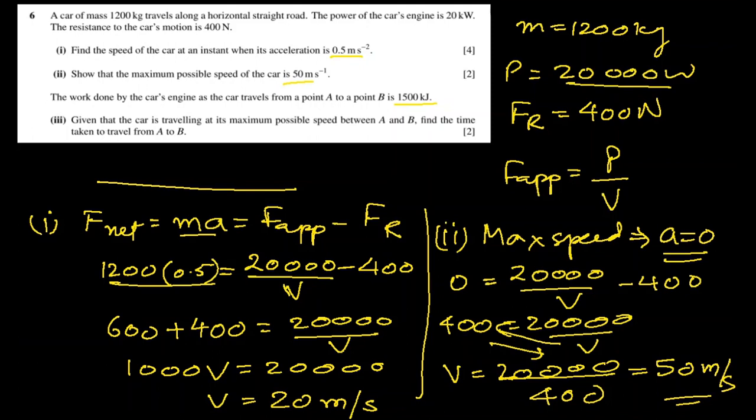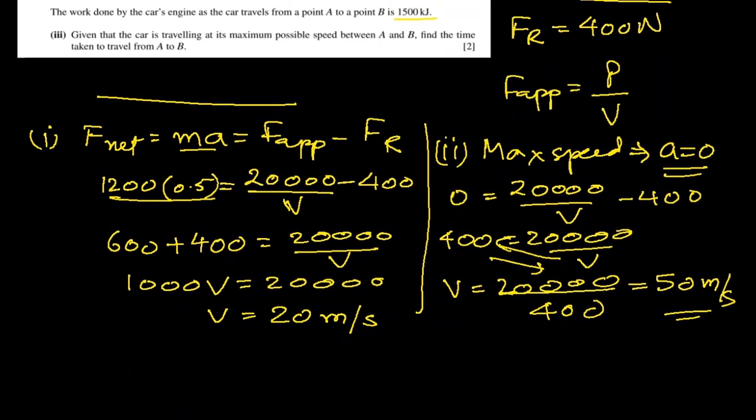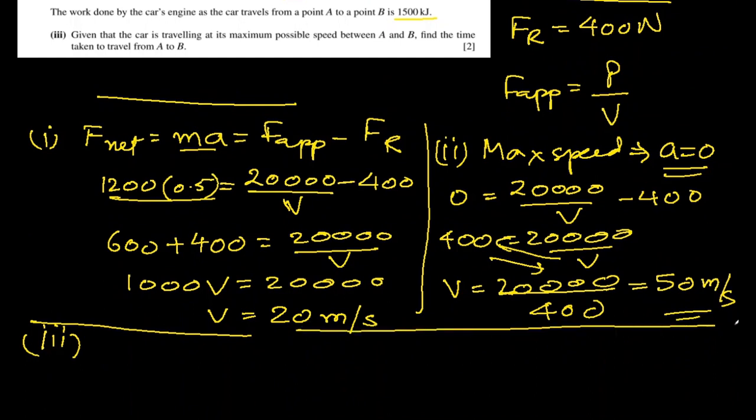Okay, next one. The work done by the car's engine from A to B, when it travels from point A to B, is 1500 kilojoules. So from A to B, work done by the car's engine, work done by applied force is 1500 kilojoules.